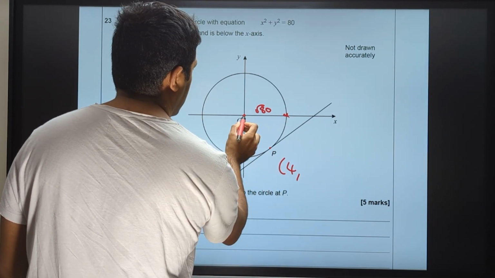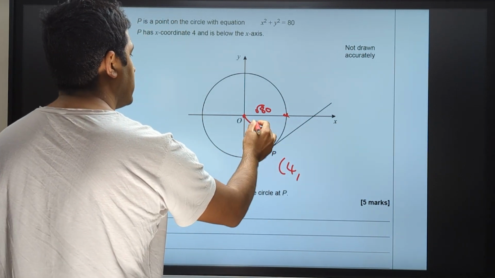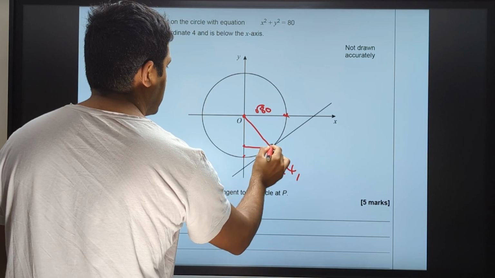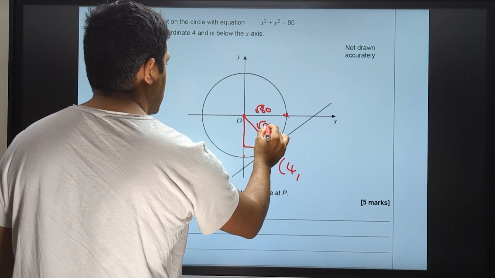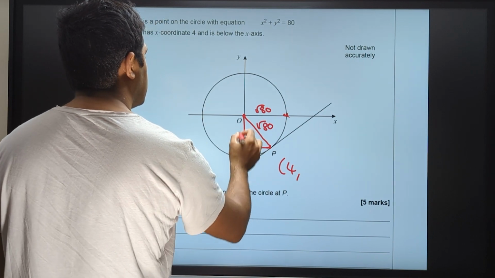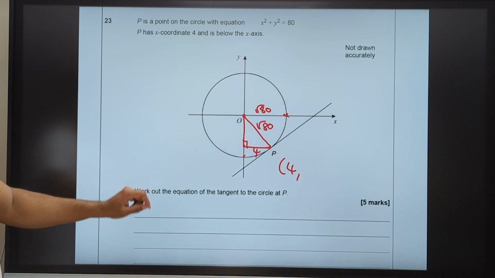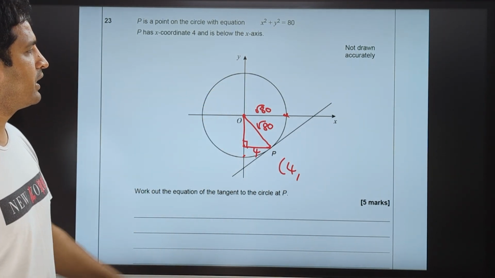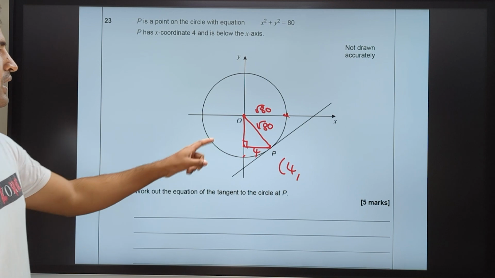So x is 4. Okay, and then we know this is root 80. So that length here is 4. From there to there is 4. We know that's root 80. Just need to work out that this is a right angle triangle. We can work out what the y coordinate is of that point there. We can do that very easily using Pythagoras' theorem.